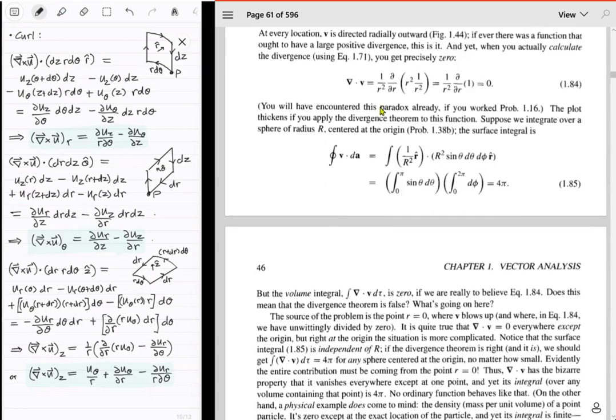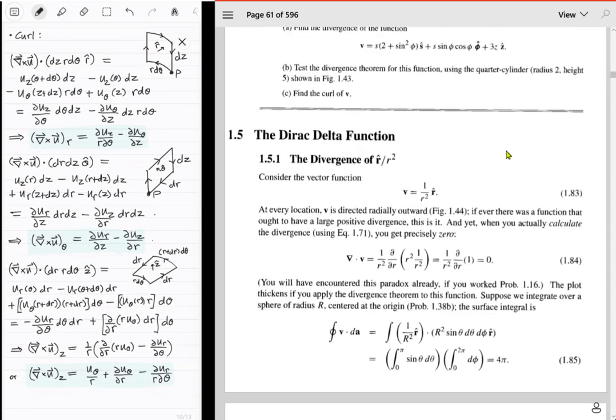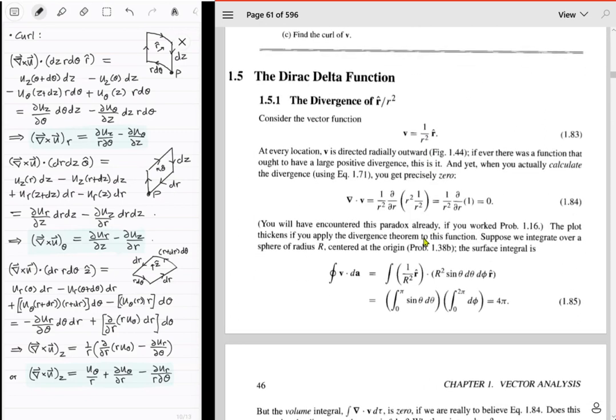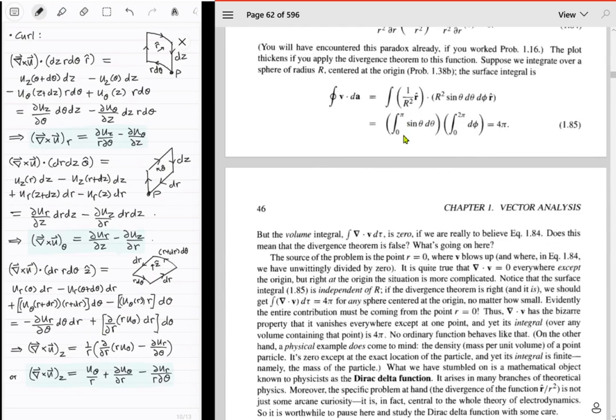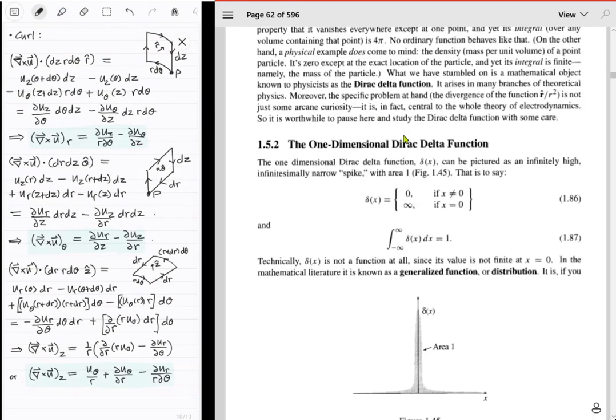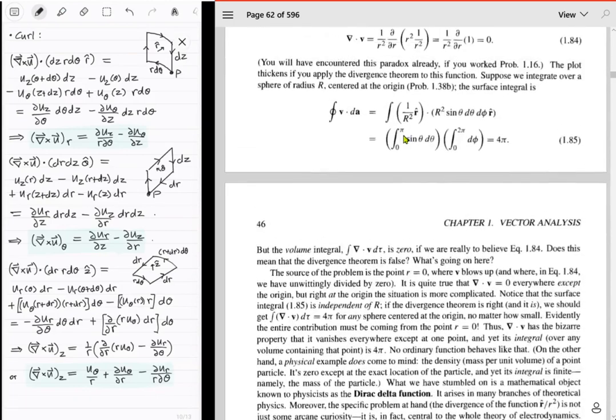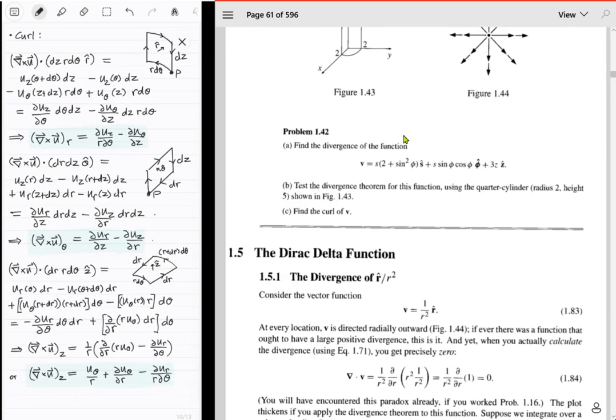Then the next section is the Dirac delta function. I think I read a bit of this before starting this video, but still I'm not going to do it in this video. I'll do it in another video. Basically, the question that we got for the 1 upon r square r hat thing, of why the divergence theorem is not, quote unquote, working, will be resolved in this section. Actually, it's still working.